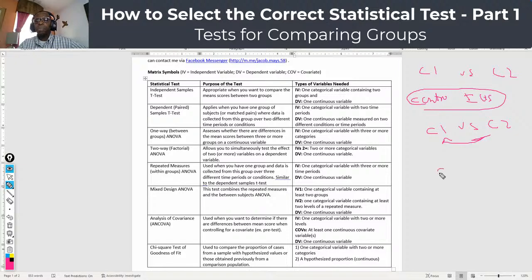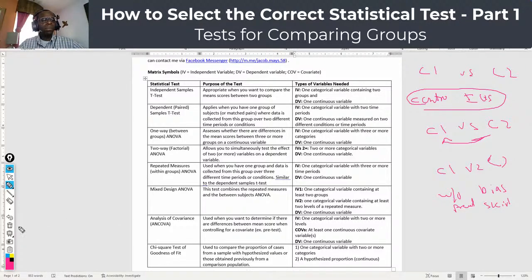So then we can compare class 1 versus class 2 without bias in skill, previous skill. Okay? That's what we call the analysis of covariance.